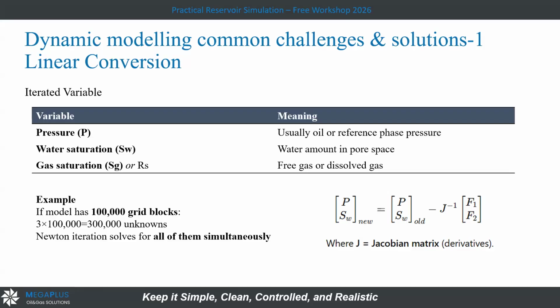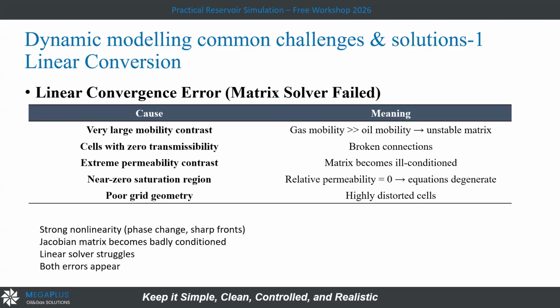So as much as you can, make your model smooth in the equation of state, in fluid behavior, in relative permeability, transmissibility and all of that, so you don't have any linear or nonlinear convergence problems.